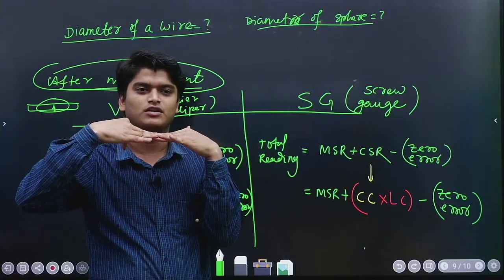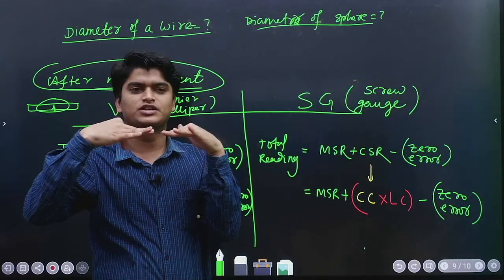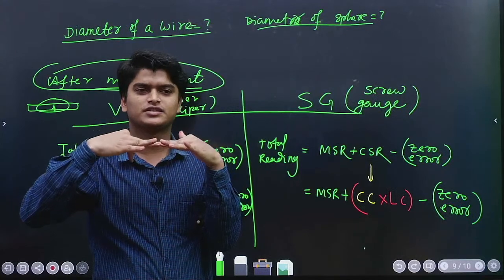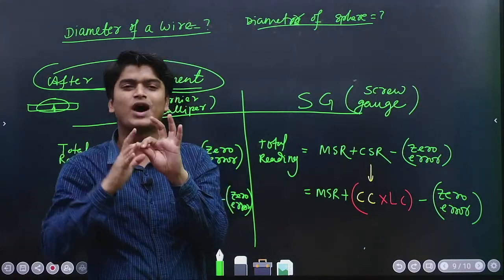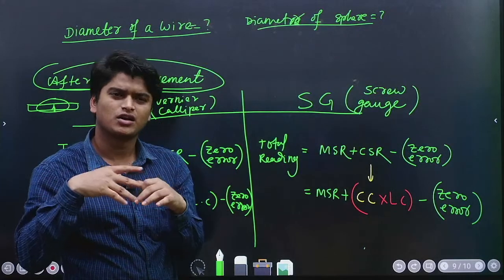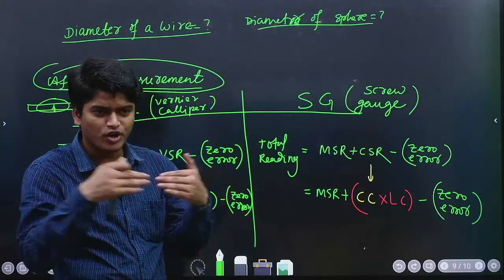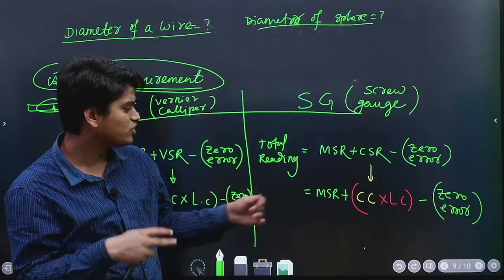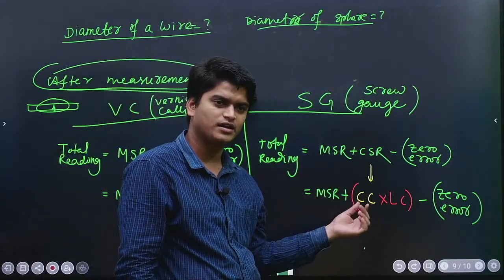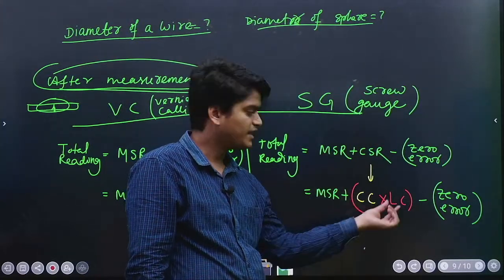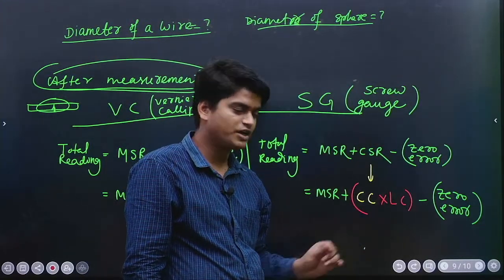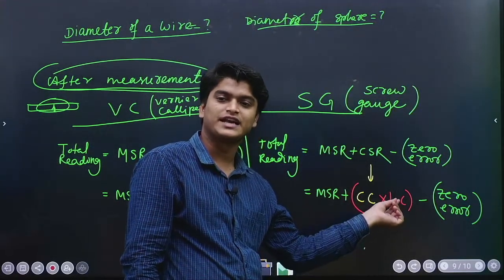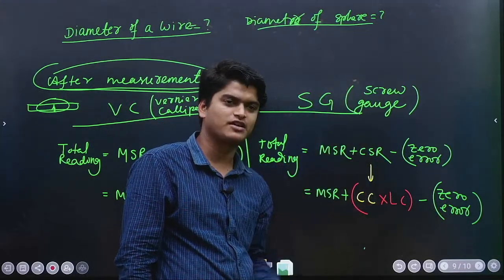Which number is matching with what? Here this 7 is matching with 2 of this main scale. That means one division is coinciding, so you should not take any centimeter or millimeter for it. Only 7 is coinciding. The least count will give you the unit, because if both were centimeter, centimeter square would happen, as there is multiplication.